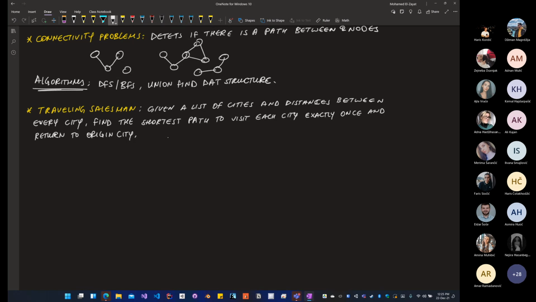Because the more time you spend on the road, the more money you spend, and you would like to maximize the profit by reducing the costs to deliver goods to cities, right?